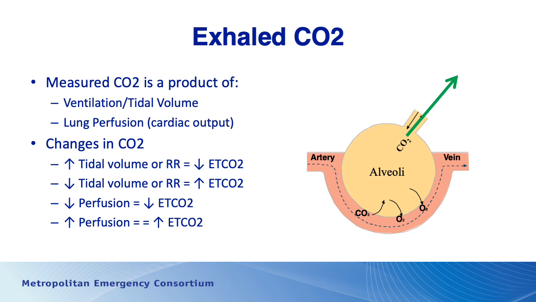Easy example there is a patient in cardiac arrest. So if your normal end tidal CO2 is 40, but you're in cardiac arrest with no perfusion or little perfusion of blood to the lungs, there won't be much carbon dioxide delivered, and your ETCO2 will go down. If you increase the perfusion to the lungs, then you may see your end tidal CO2 go up.